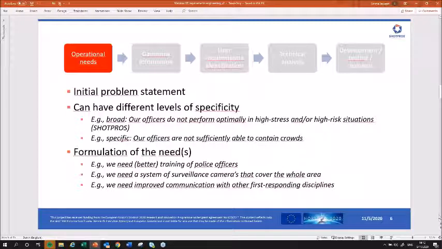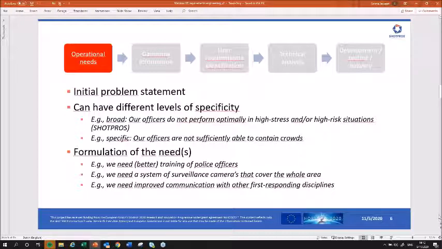And the same was here in ShotPros, because our problem statement was that officers tend to not perform optimally when they are in high risk and high stress situations, even when they are well trained. So that is a problem statement that is quite broad, and it will change the way that the next phases will take shape.